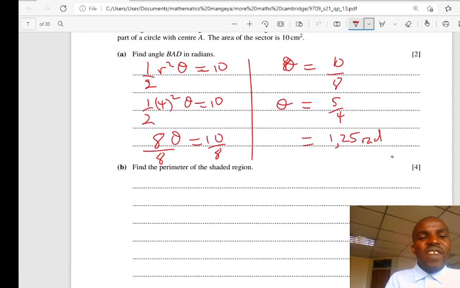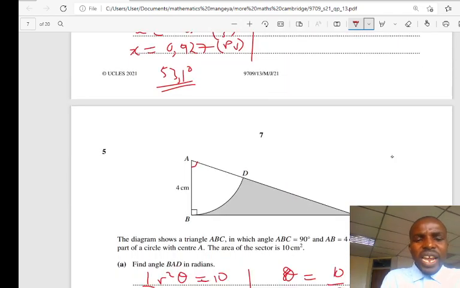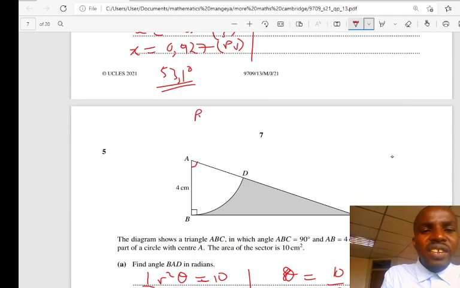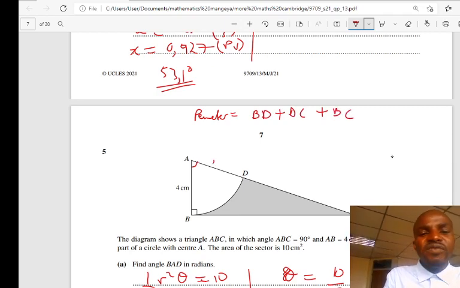Then next, find the perimeter of the shaded region. The shaded region is this one. So the perimeter is equal to arc length BD plus DC plus BC. For DC, I have to find AC first, then subtract 4 centimeters.